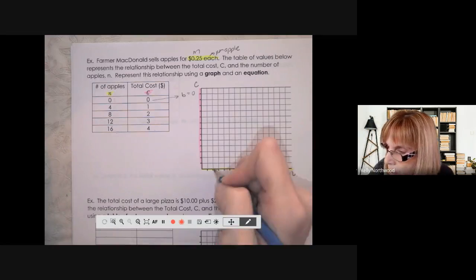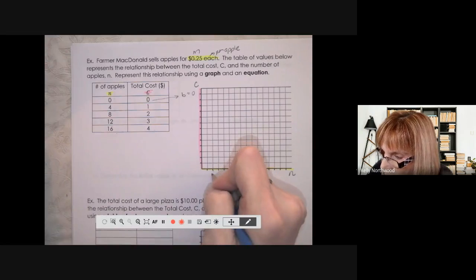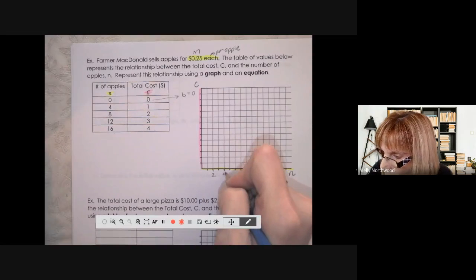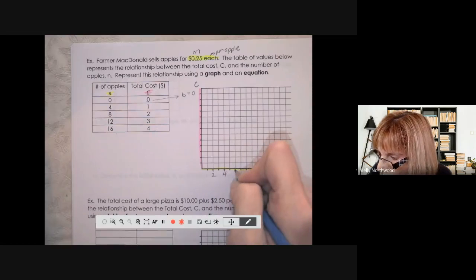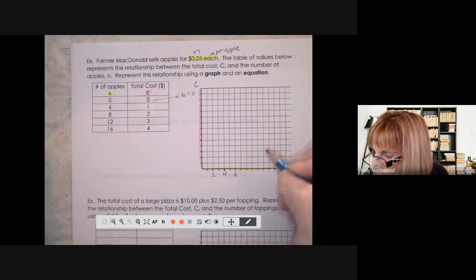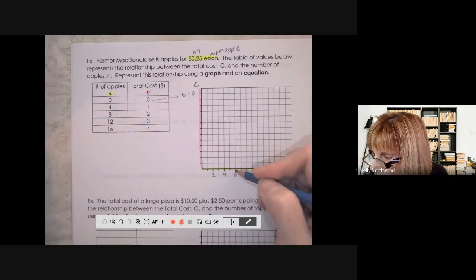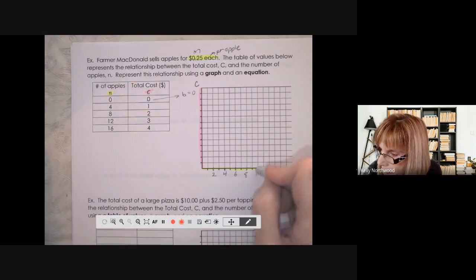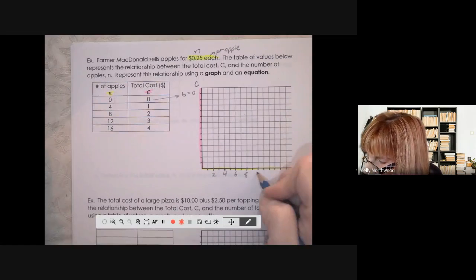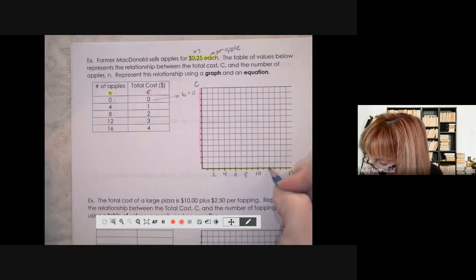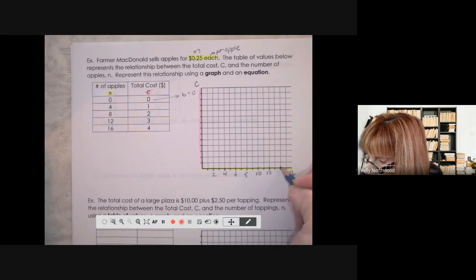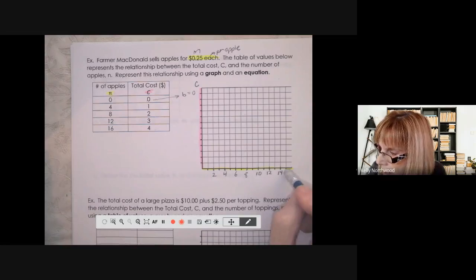I think we can use 1. So this is 2, 4. So 1, 2, 3, 4. I'm just showing every second one so it's not as crowded. 8, 12. So 2, 4, 6, 8. Oops, I forgot 10. 10, 11, 12, 13, 14, 15. So 16 is right at the end.